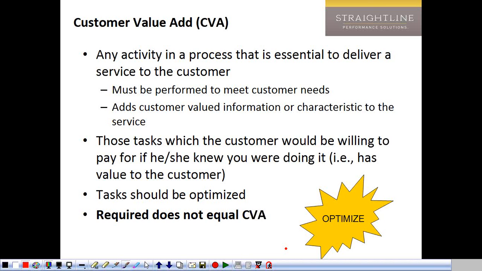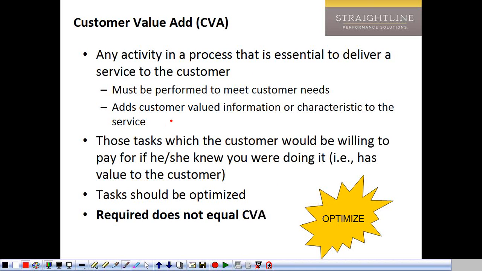So I like to talk about it a little bit differently, and that is if it transforms the product or service in a fundamental way that's necessary in order to bring that product or service to market, then it's value added. In here, the line that lines up with it is that it adds customer valued information or characteristic to the service.